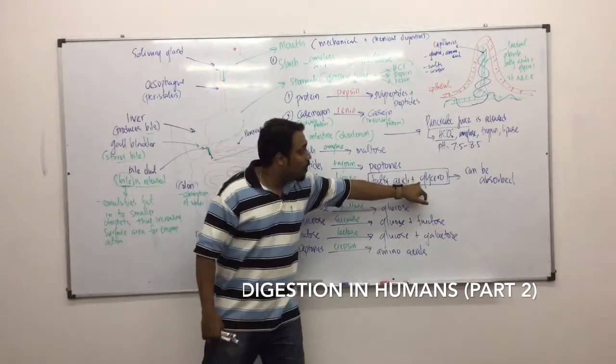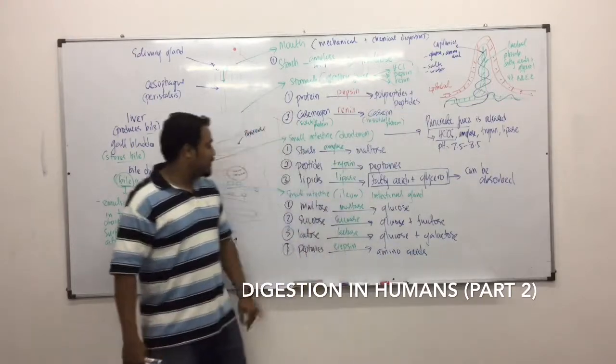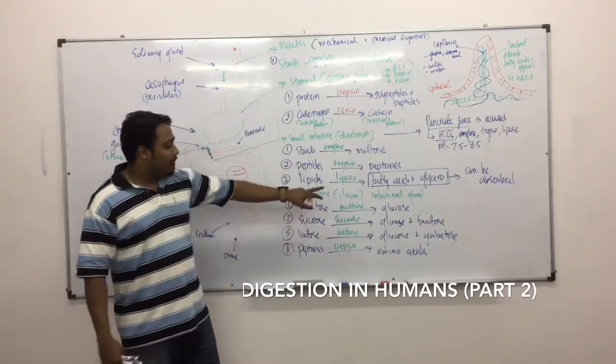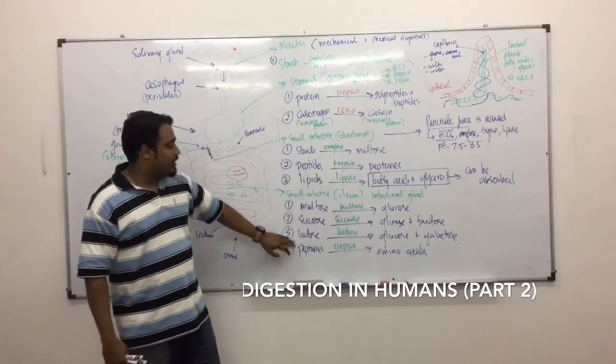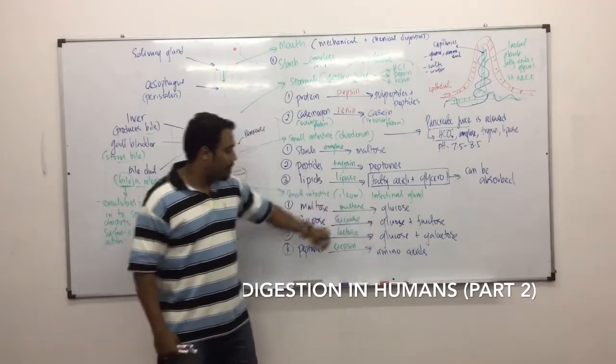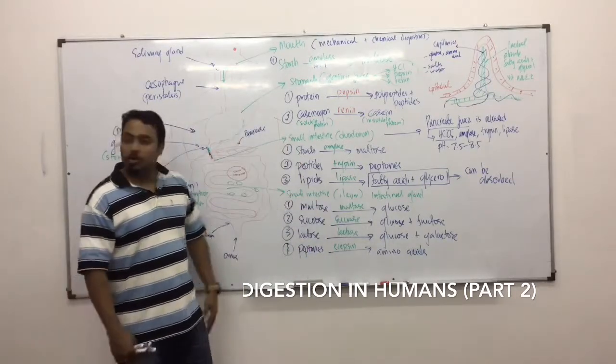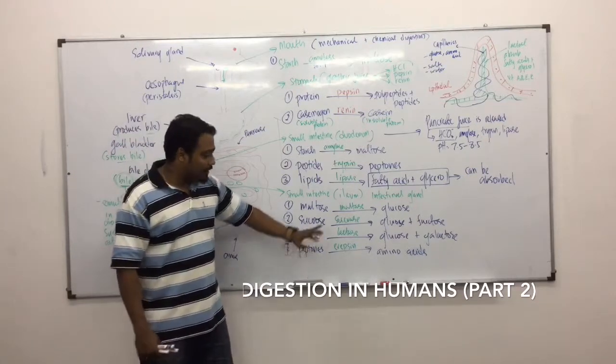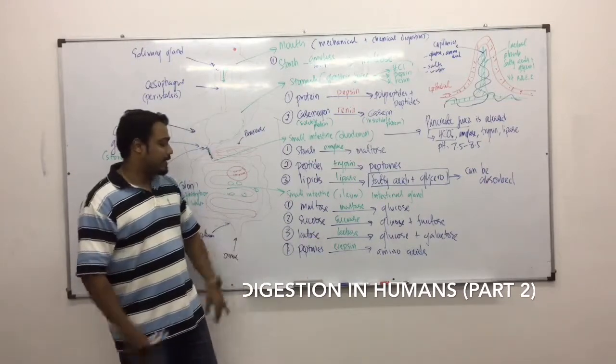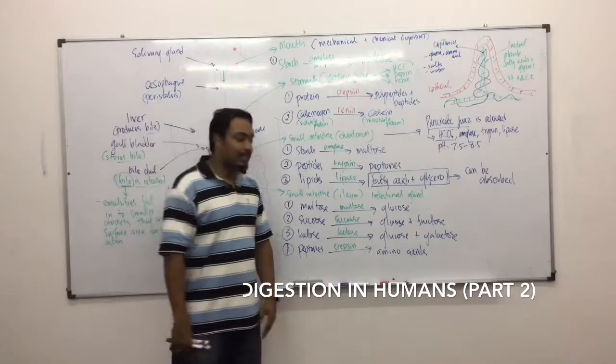It's already absorbed through the lacteal in the villus, and then in the ileum, by the intestinal gland, all of this is released. Maltose to glucose by maltase, sucrose to glucose and fructose by sucrase, lactose to glucose and galactose by lactase, peptone to amino acids by erepsin.